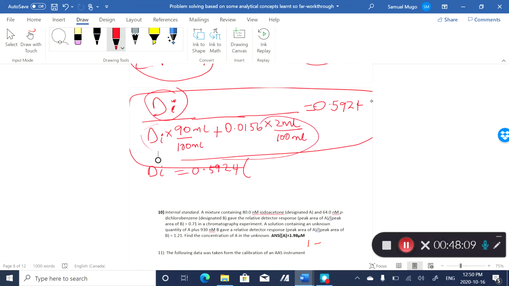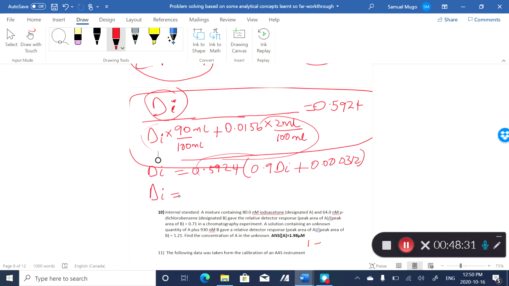So it's going to be 0.9 Di, 0.9 plus whatever I get here, which is 0.000312.